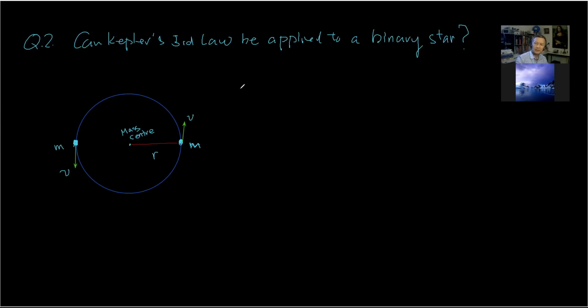Do you want to write something? Yeah, that's the period. You can still use the period. Can I just start from the third law? Oh, you use the third law.